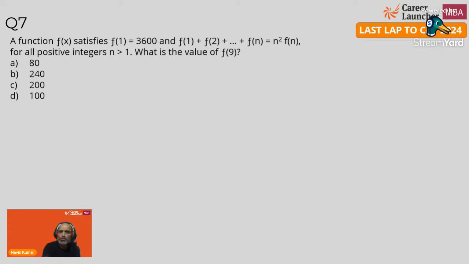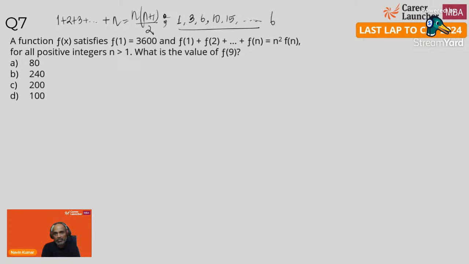Again, two ways. The first is you should know that 1 plus 2 plus 3 and so on up to n is given as n into n plus 1 whole divided by 2. And another thing is 1, 3, 6, 10, 15. This is a very good series.